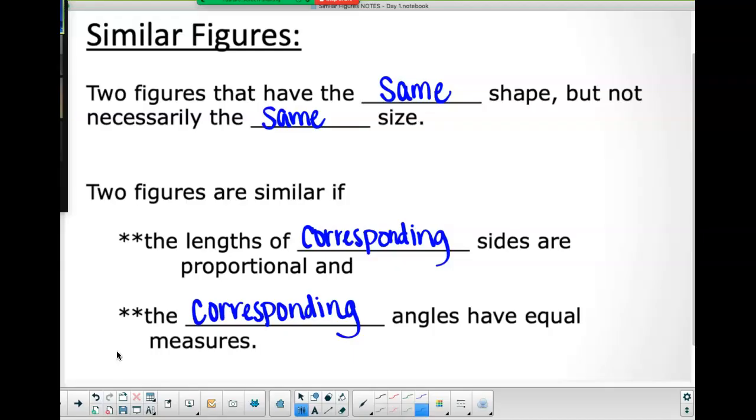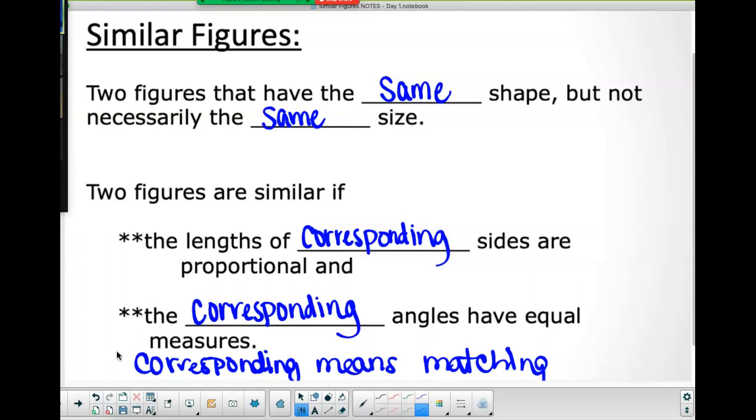My right hand would correspond to your right hand. My left hand would correspond to your left hand. Are they kind of the same or matching? Maybe write this down: corresponding means matching, like it matches up with.